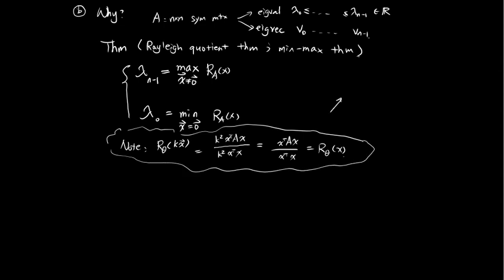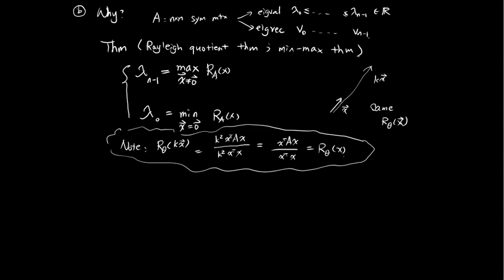So if you have a vector x and you have a longer vector kx, they have the same Rayleigh quotient. So this means if we want to take care of this maxima, we don't need to look at all the possible x. We just need to pick one x on every straight line. For one straight line, we just pick one with unit length.